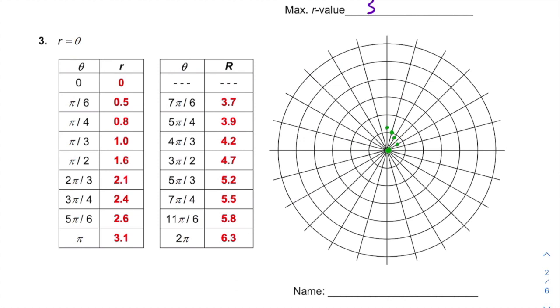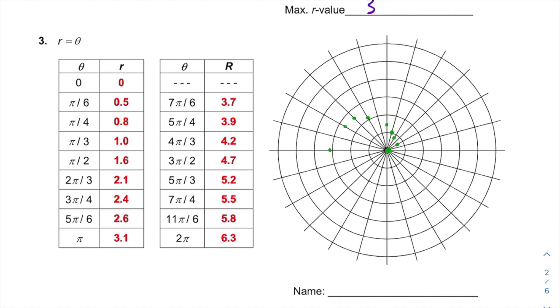Pi over 2 is about 1.6. 2 pi over 3 is about 2.1, so that would put us right above the second circle. 3 pi over 4 is about 2.4. And then 5 pi over 6 is about 2.6. And then pi is about 3.1.